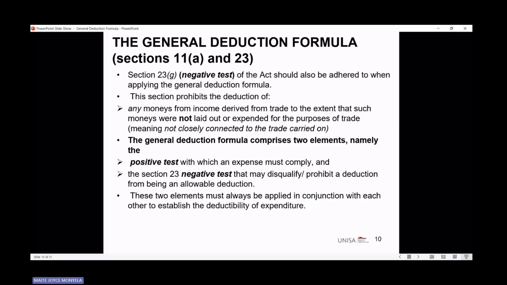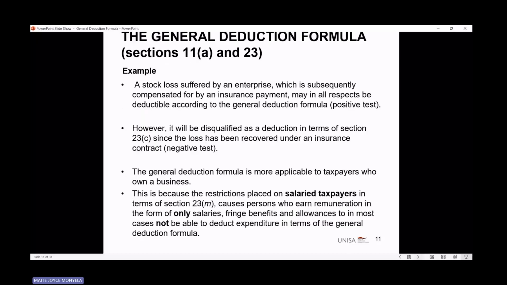And section 23 is the negative test, which prohibits a deduction from being deducted. So we had an example of a loss where we disqualified the deduction in terms of the section 23 test, 23C of the Income Tax Act, which is the negative test, and the positive test where the general deduction formula was complied with.